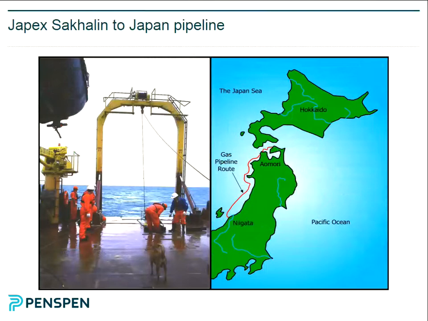This is a conceptual pipeline system in Japan, and we were involved in the survey of this. And the idea was it was taking gas from Sakhalin Island and then transporting it all around Japan. Because it's so congested and mountainous, they figured out it's actually easier to run the pipeline around the outside to the various cities than it was to actually run it on the shore.